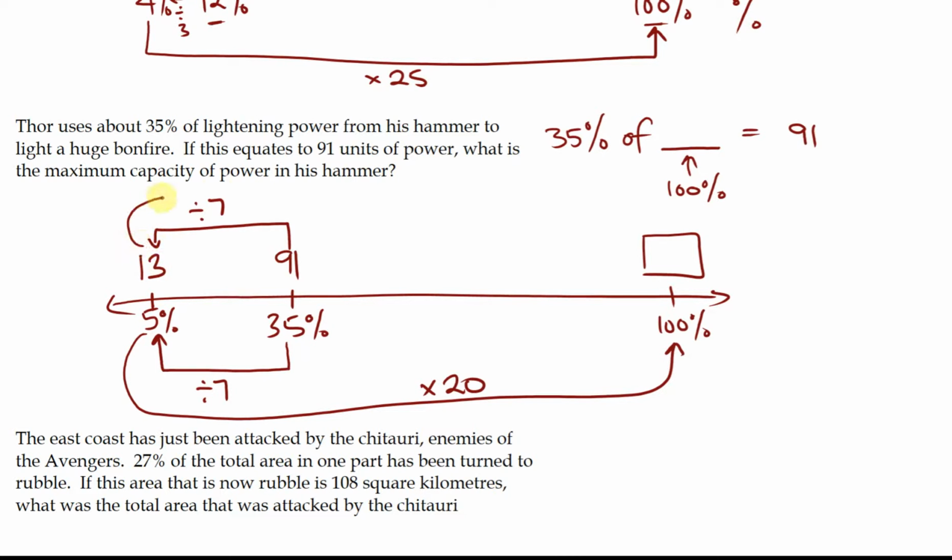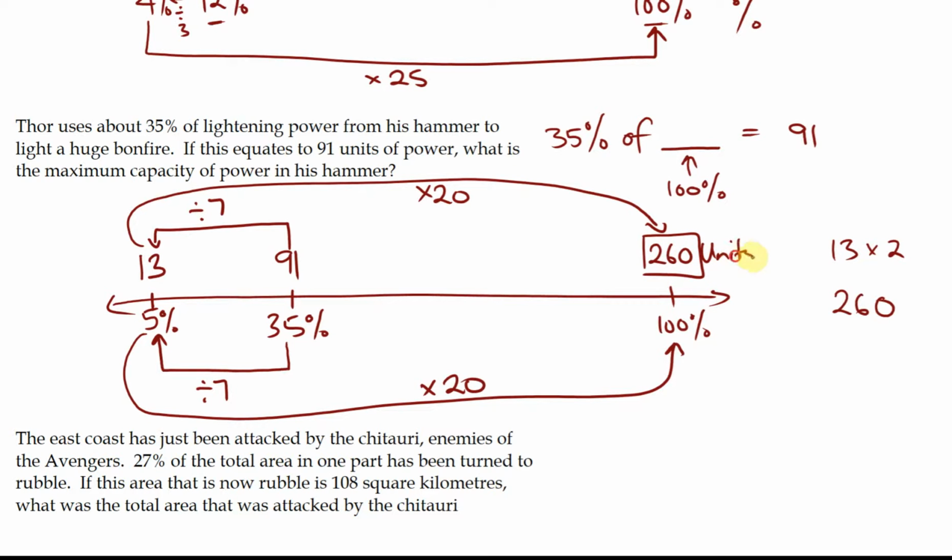So that 13 multiplied by 20 will give me the total capacity in Thor's hammer. 13 times 2 gives me 26, so 13 times 20 will give me 260. So 260 units of power is the maximum capacity in Thor's hammer.